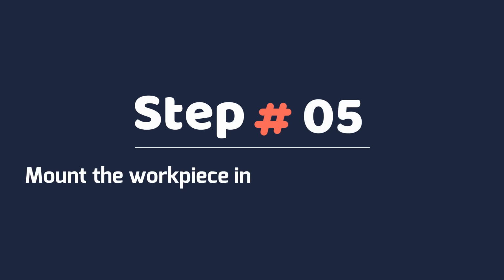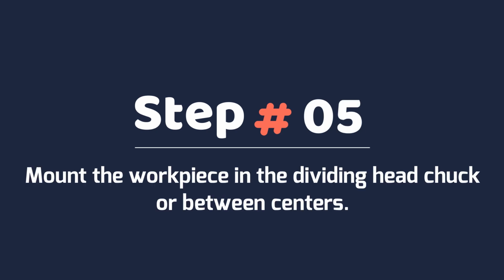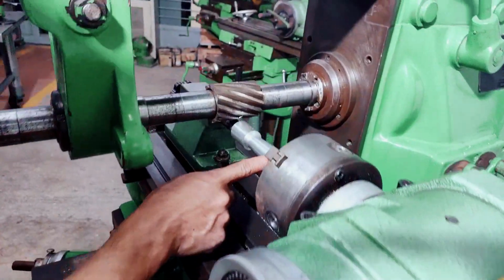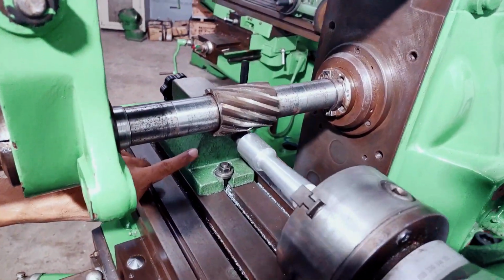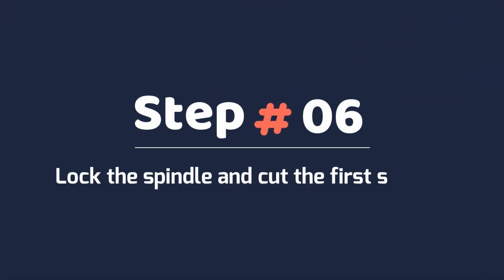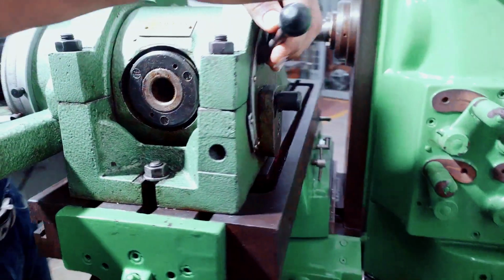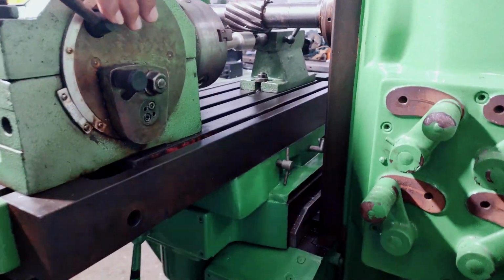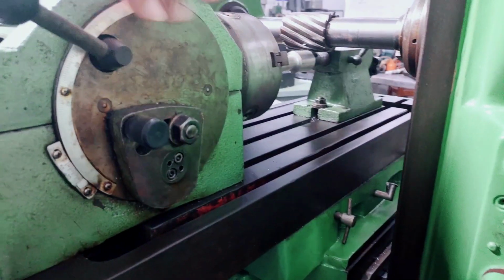Next step, mount the workpiece in the dividing head chuck or between centers. Okay, this is our workpiece, supported by the footstock. Then next step, lock the spindle and cut the first surface or division. This is the spindle that should be locked. It is always on the left side of the dividing head.